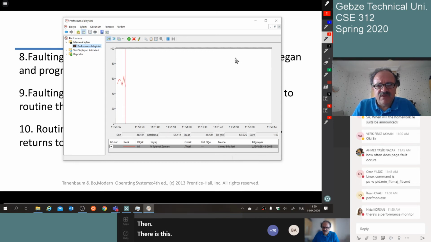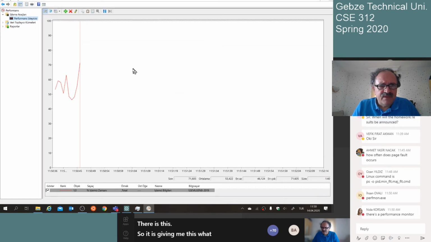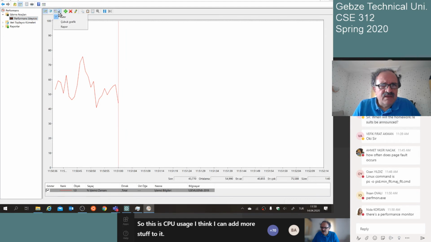So it is giving me this, what? Is this CPU usage? Maybe I can add more stuff to it. So this is CPU usage. I think I can add more stuff to it. Let's add more stuff.